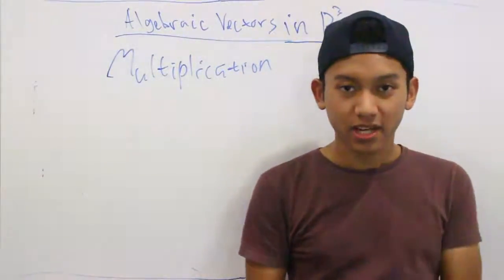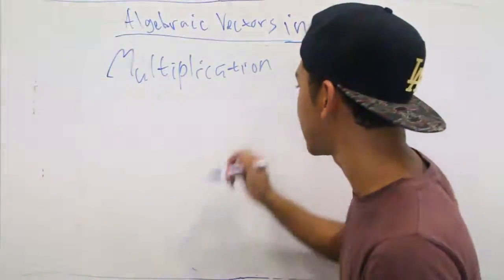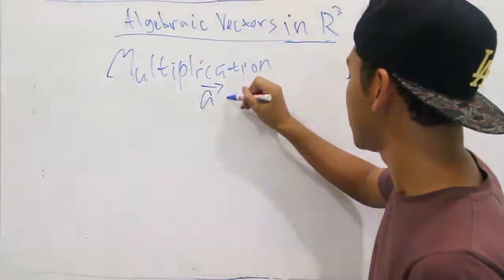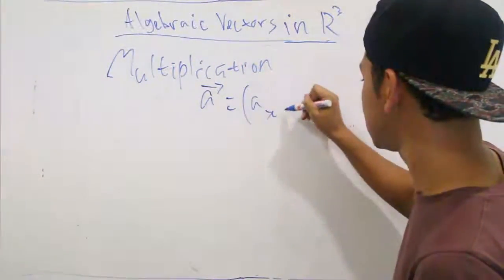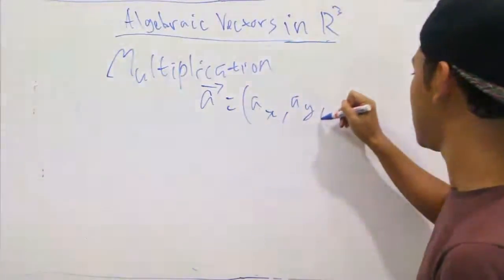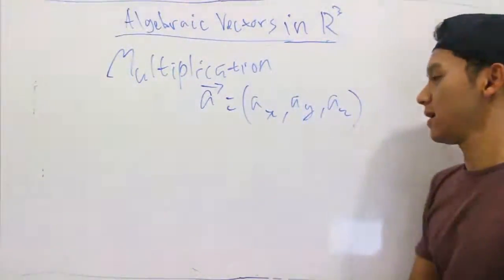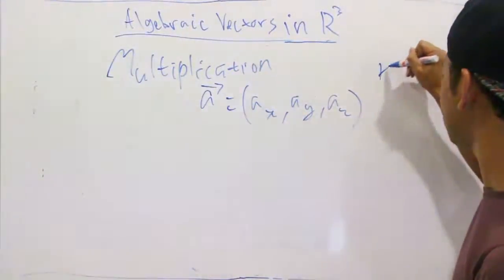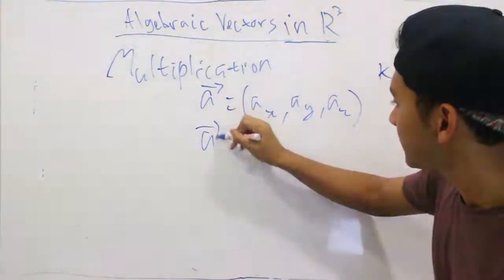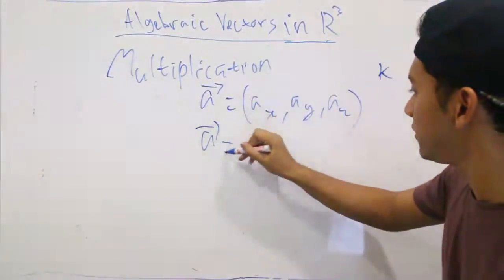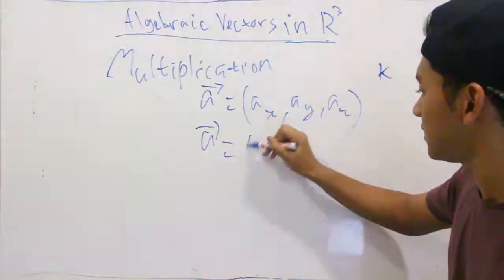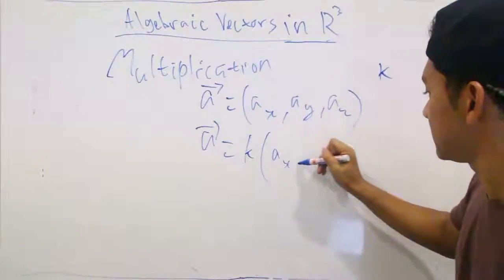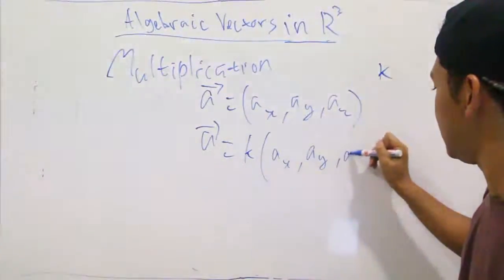The multiplication of a 3D algebraic vector can be written as vector A, AX, AY, AZ, with a scalar number. Let's say the scalar k. If you multiply this by the scalar k, you will get k times AX, AY, AZ.